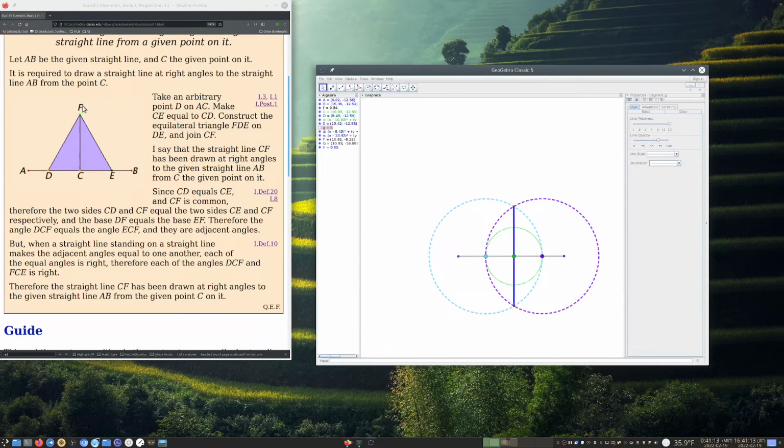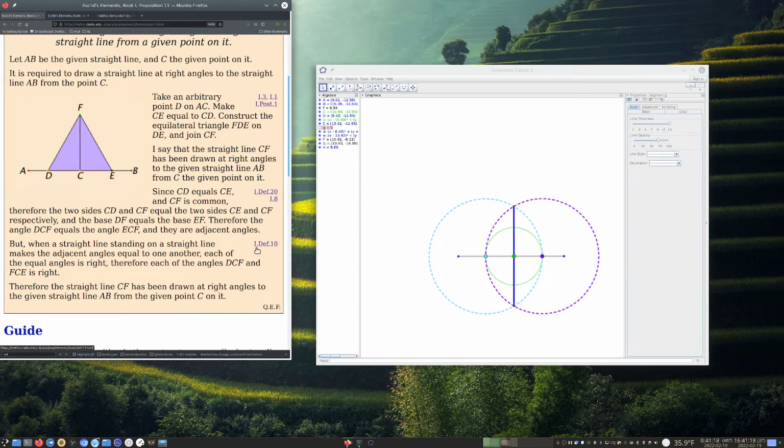So I'm going to pull up these definitions over here. Therefore, each of the angles DCF and FCE is right. Therefore, the straight line CF has been drawn at right angles to the given straight line AB.